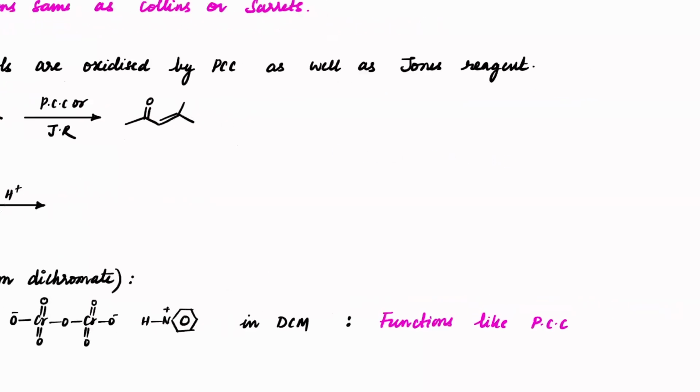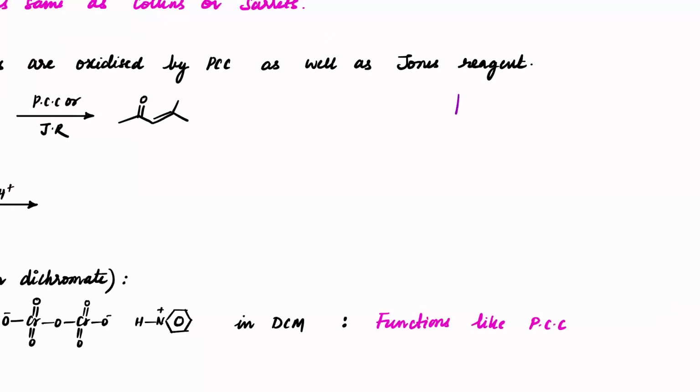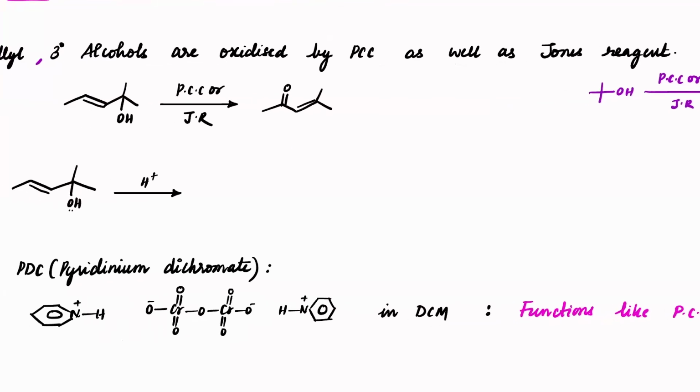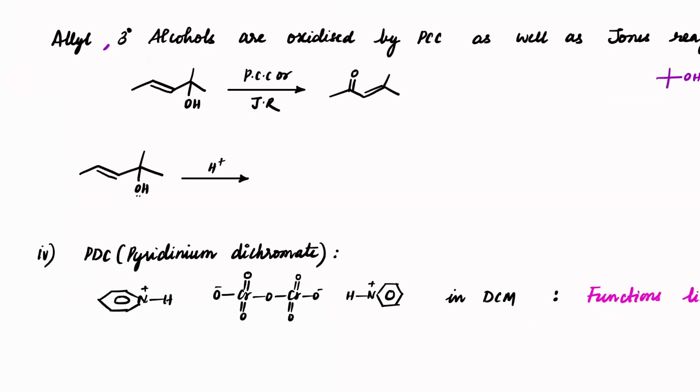Generally, we learned that if you have any 3 degree alcohol, whether we take PCC or Jones reagent, you will not see any reaction happening. But in case that 3 degree alcohol is at allylic position, then in such case the reaction will take place. Correct?